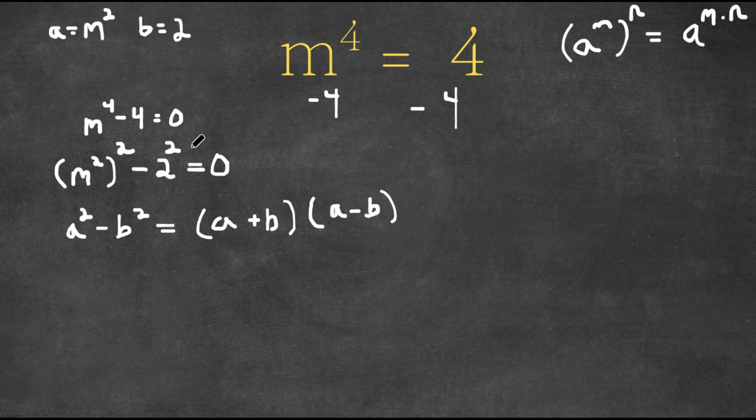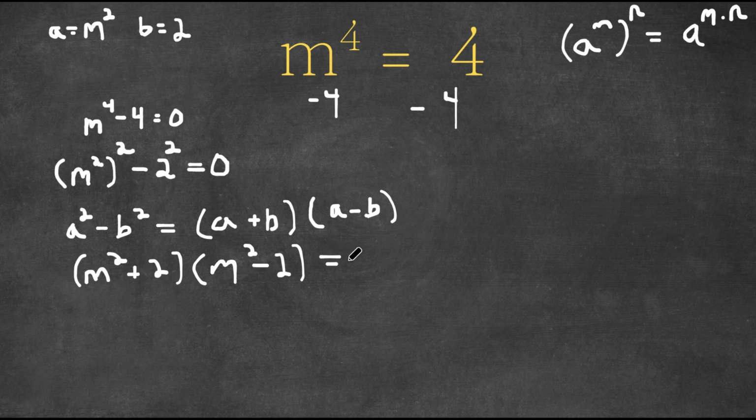If we plug these into this form, we would get m squared plus 2 times m squared minus 2, and this is equal to 0.